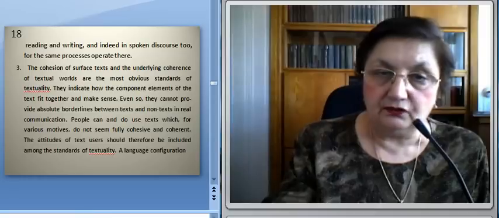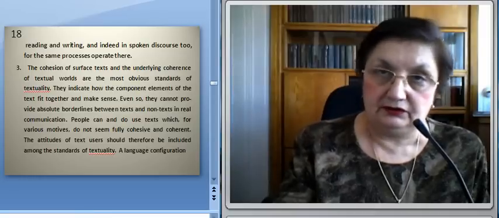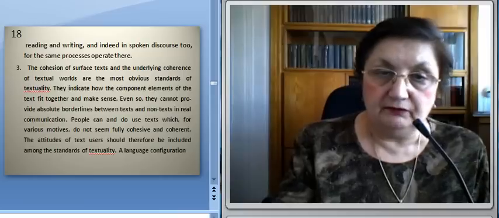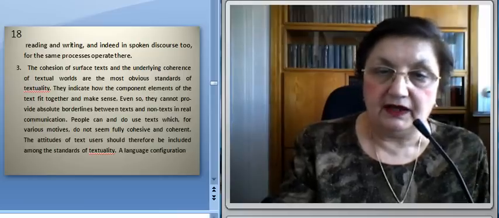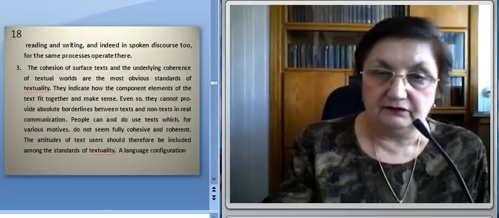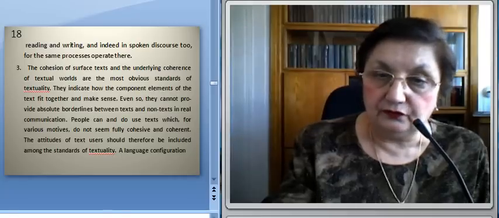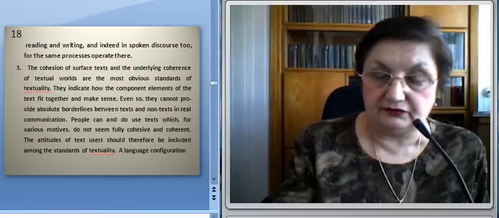The attitudes of text users should therefore be included among the standards of textuality. A language configuration must be intended to be a text and accepted as such in order to be utilized in communicative interaction.